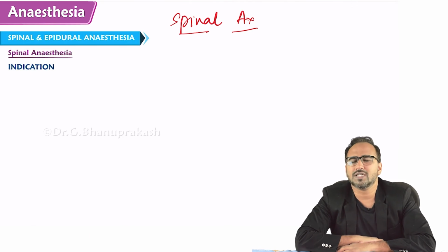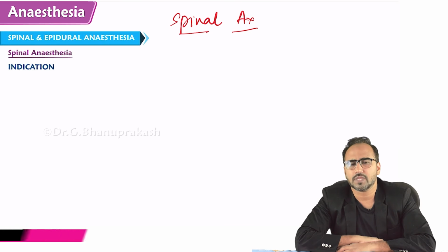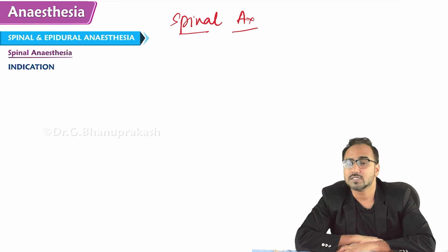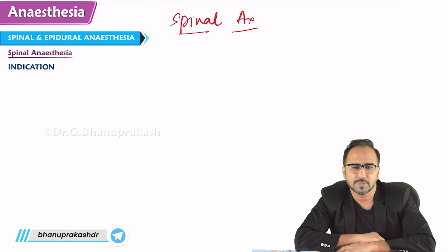Spinal anesthesia, is it given on the spinal cord? No, it's not given on the spinal cord. It is given below the ending of the spinal cord. That's called a spinal.